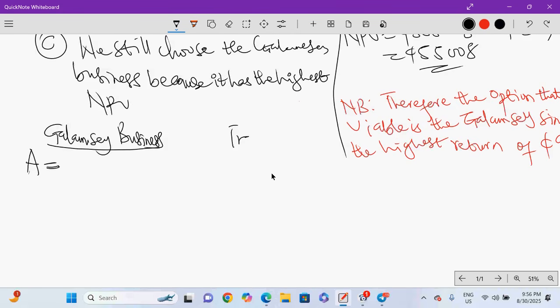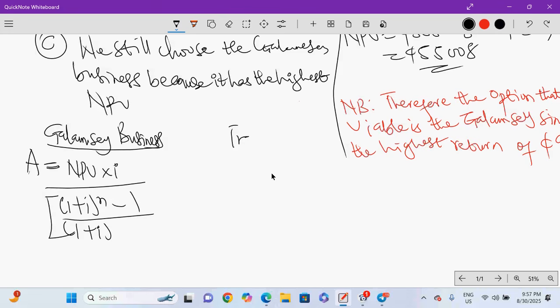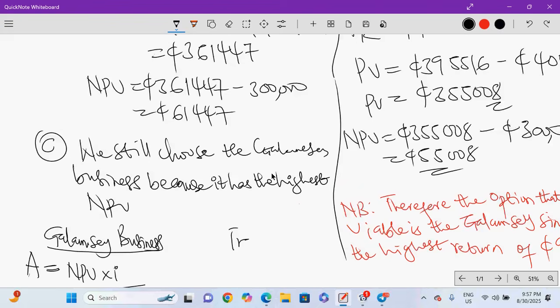For the Galamsey, we have NPV times i over 1 plus i to the n minus 1, using the NPV, not the PV.